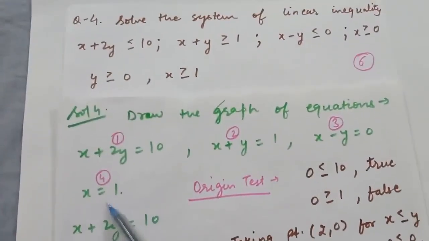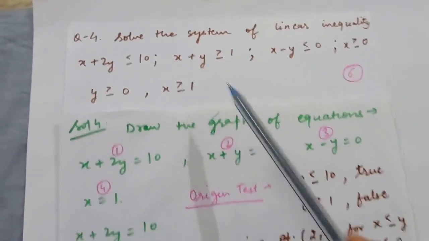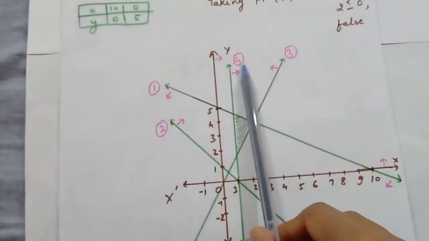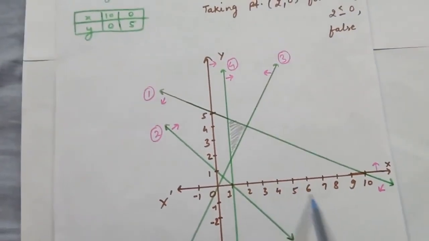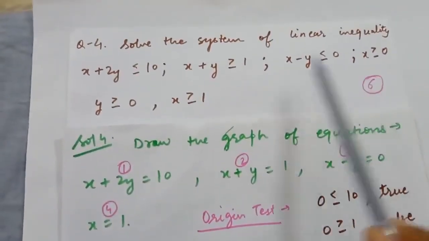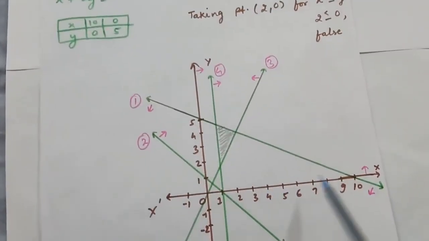Now the fourth is x is equal to 1 or greater than 1. As we know, it is simple. x will be greater than 1 on this side only, as x increases here only, right? And for x greater than or equal to 0 and y greater than or equal to 0, we know the solution will lie in the first quadrant.